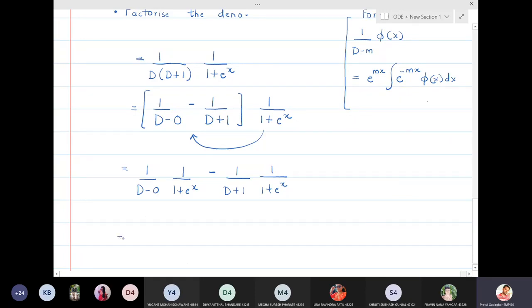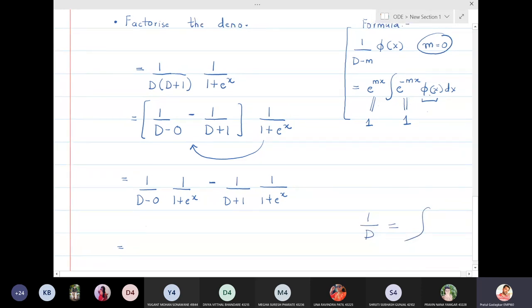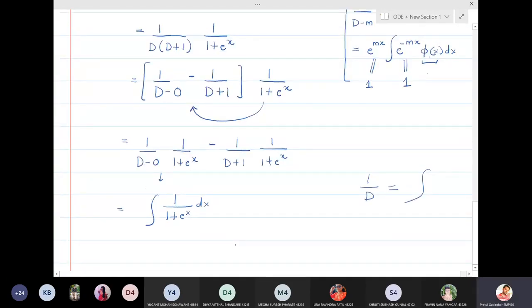In this formula, if you put m equal to 0, you will understand that this becomes 1, this also becomes 1, and you just get integration. So what is 1 upon D? Basically 1 upon D is nothing but just integration, because this is 1 and this is 1, so you get integration of the function. So this is the integration of 1 upon 1 plus e raised to x dx. Okay, which I will see how to solve.